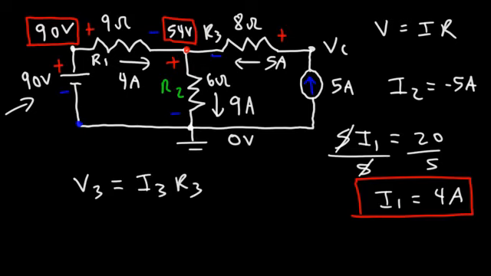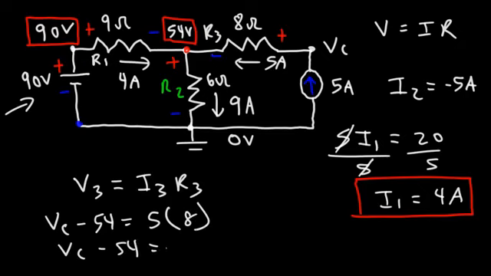The voltage across resistor 3 is going to be the difference between the potential at point C and the potential at point B, which is 54 volts. I3 is 5 amps, R3 is 8 ohms. 5 times 8 is 40, and if you add 54 to both sides, the potential at point C is going to be 94 volts.